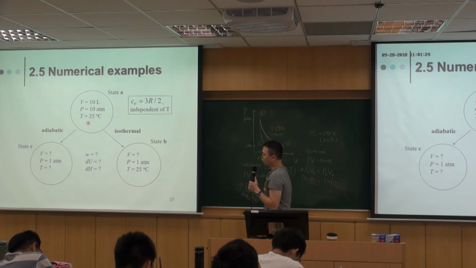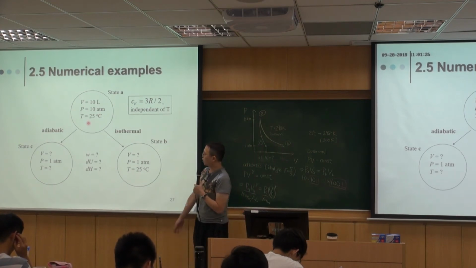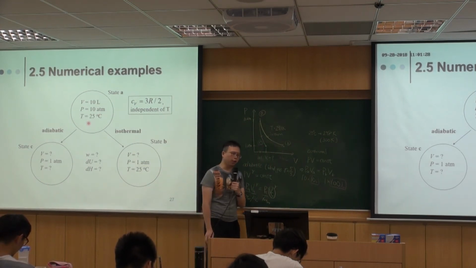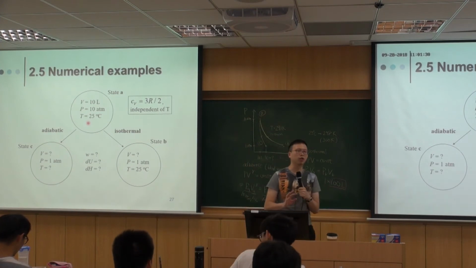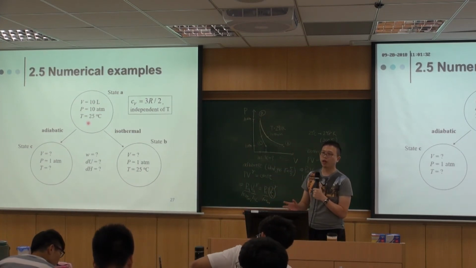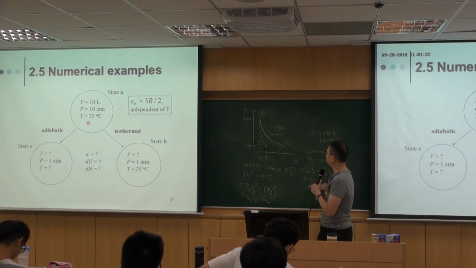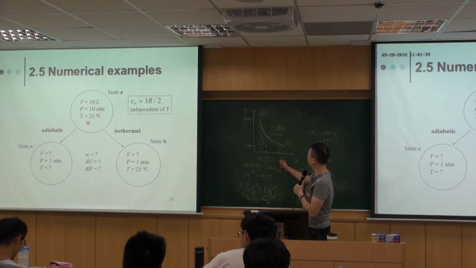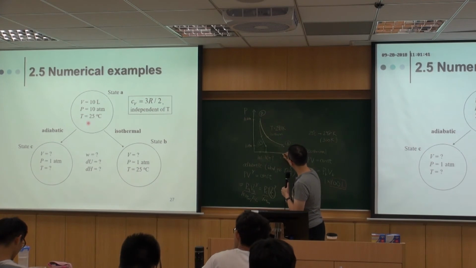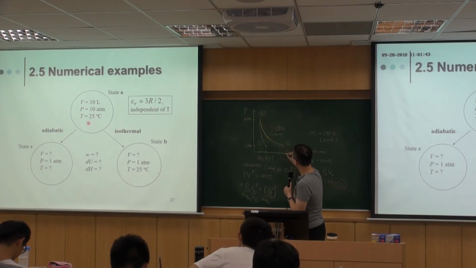So the first thing to do, in fact, the problem asks you these 3 things, but the first thing to do is to determine the final state of the processes. For instance, like I show you the volume here, which is VB.